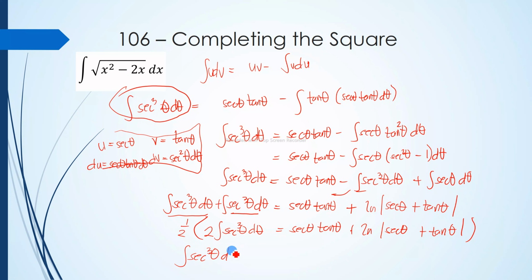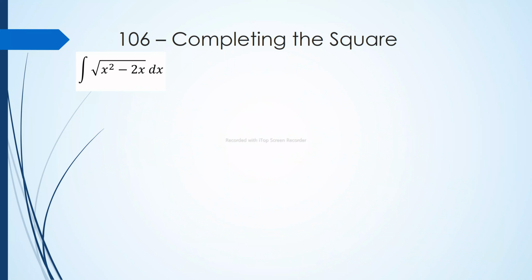The integral of secant cubed theta d theta is equal to 1/2 secant theta tangent theta plus 1/2 the natural logarithm of secant theta plus tangent theta. Don't forget the plus c.